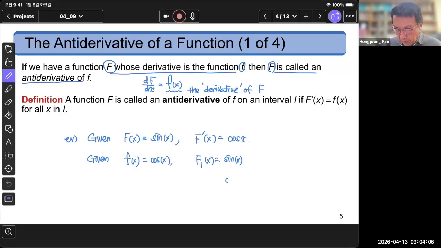But what if I differentiate sine x plus 1 with respect to x? Then you also get cosine x because the derivative of 1 is 0. So given lowercase f, you may have many antiderivatives. So antiderivative is not unique.